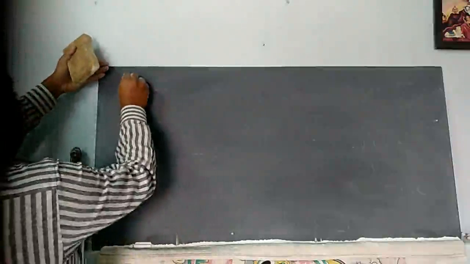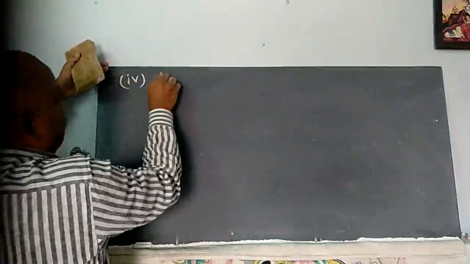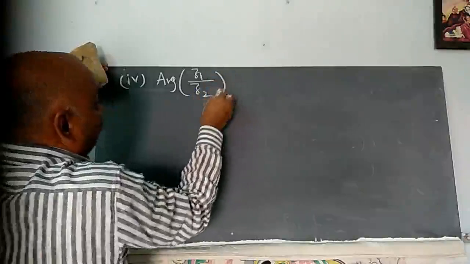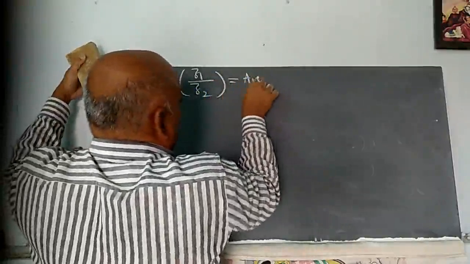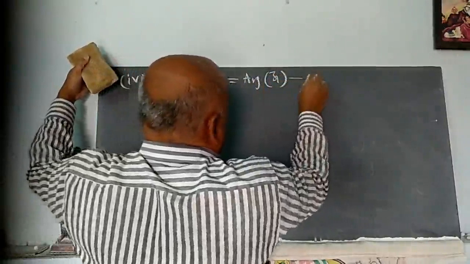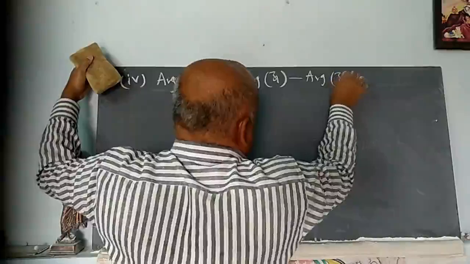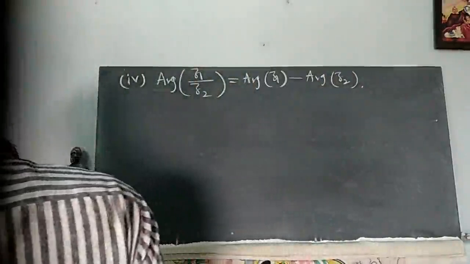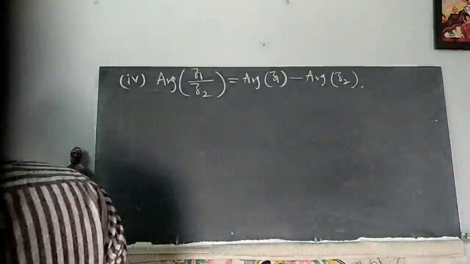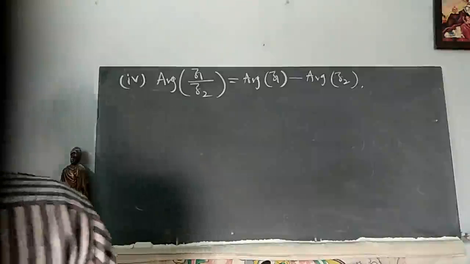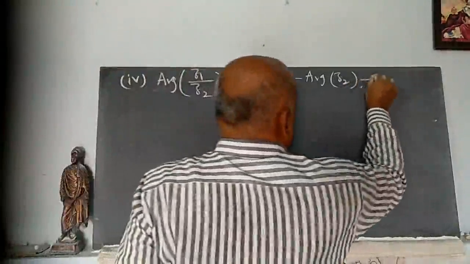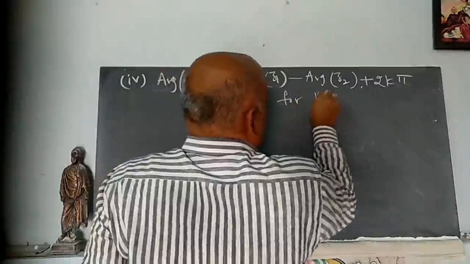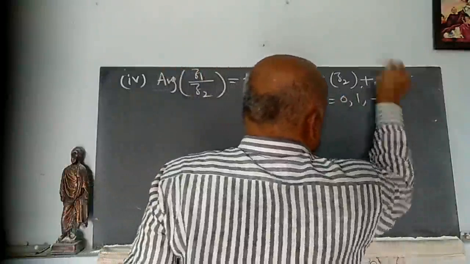Next, fourth property, argument of z1 by z2 is equal to argument of z1 minus argument of z2 plus 2k pi for k equal to 0, 1, minus 1.